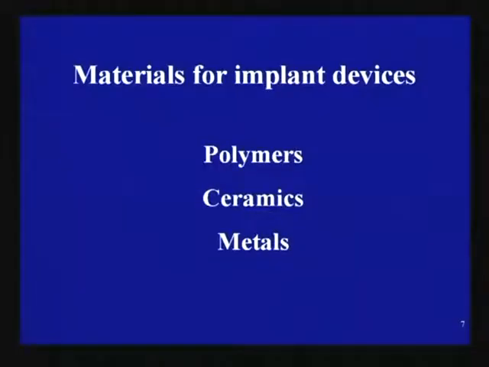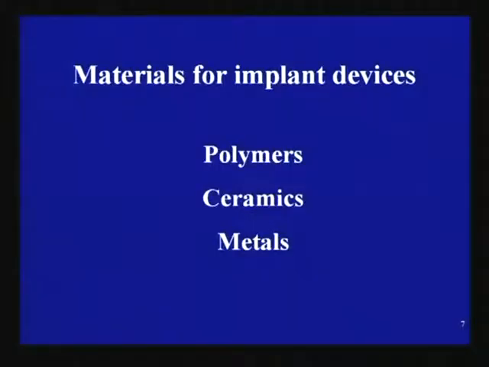So, we can use these polymers, which must be compatible with the host system. That means, we must try to find some similarity of these polymers with the polymers present in the host tissue. Yes, please. Native bone will be formed, or the replaced bone will act like a native bone?